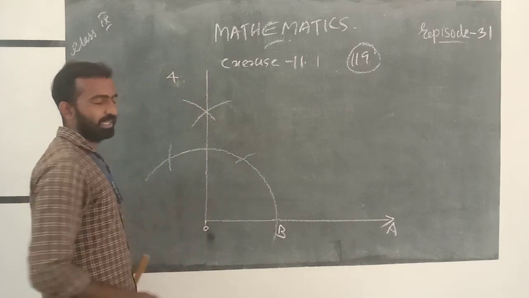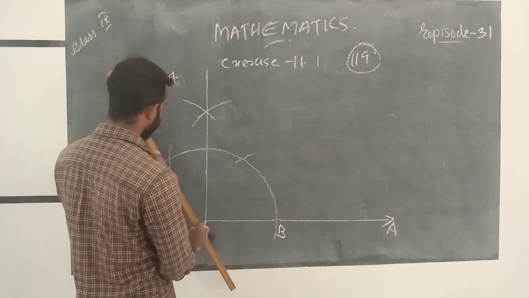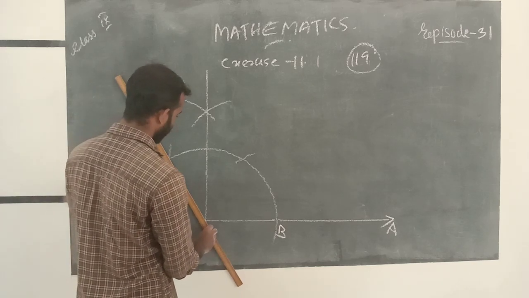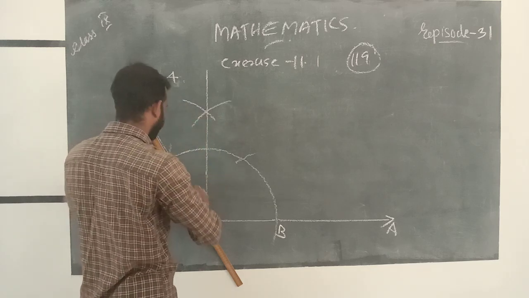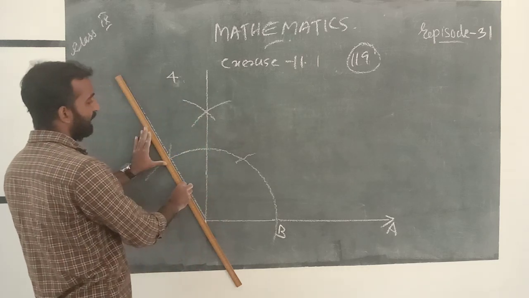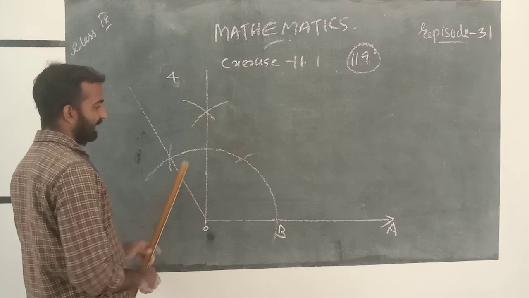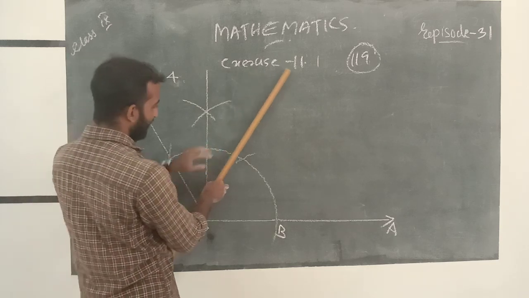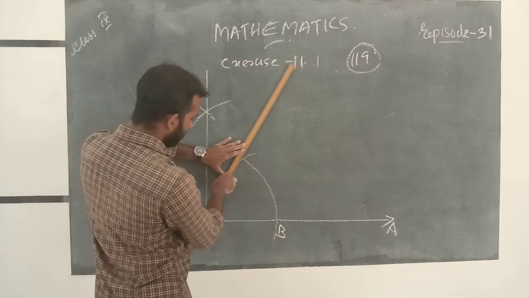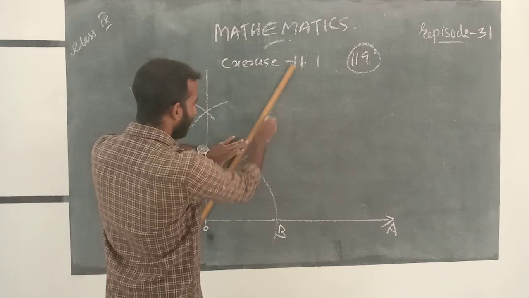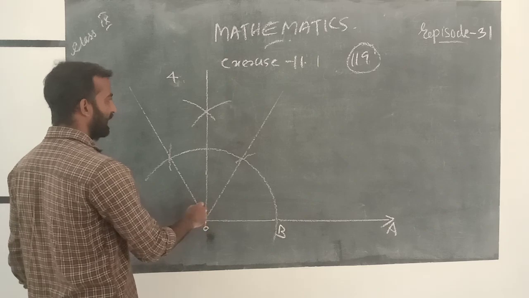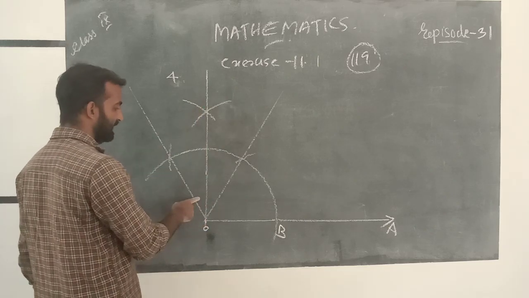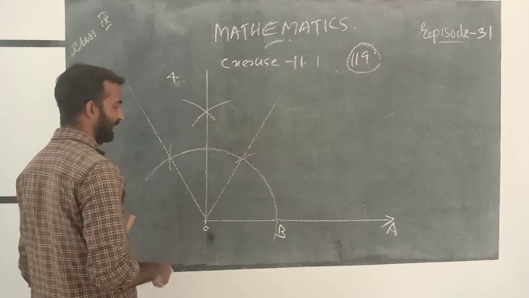This is 90 degrees, and this is 30 degrees, because we know this angle is 60 degrees and this is the bisector, so this is 30 degrees and this is also 30 degrees.